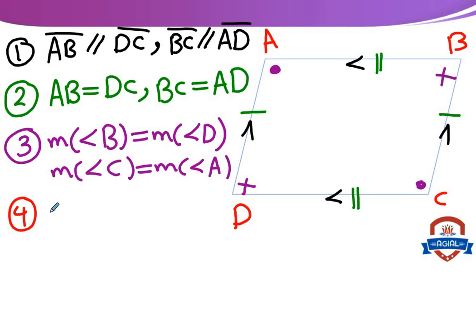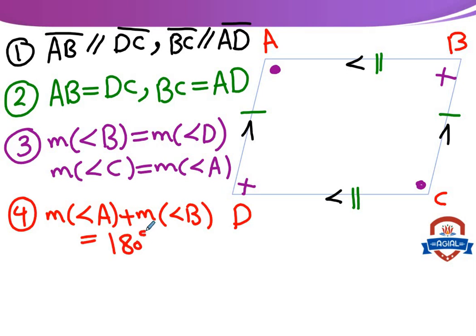Then measure of angle A plus measure of angle B equals 180 degrees, and measure of angle B plus measure of angle C equals 180 degrees, and measure of angle C plus measure of angle D equals 180 degrees. And measure of angle D plus measure of angle A equals 180 degrees. Very important. Okay?